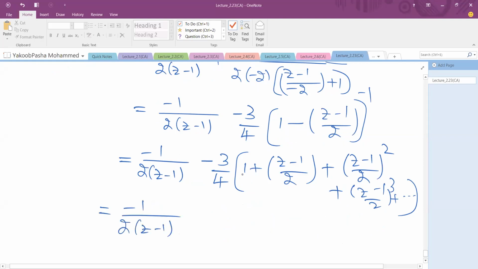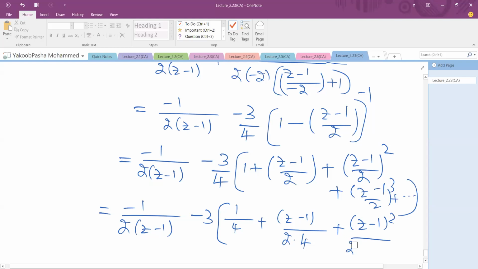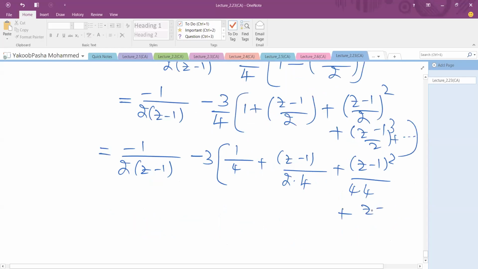This can be written as 1 by 4, 1 by 4 of first order. Here z minus 1 by 2 into 4. Here z minus 1 whole square by 2 into 4 into 4. Next term z minus 1 whole cube by 8 into 4 plus and so on.